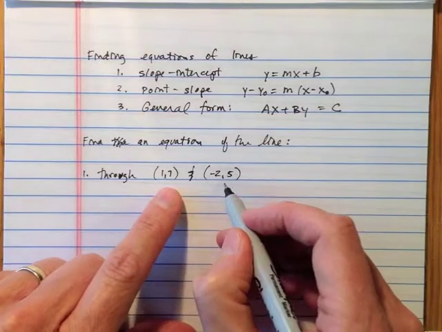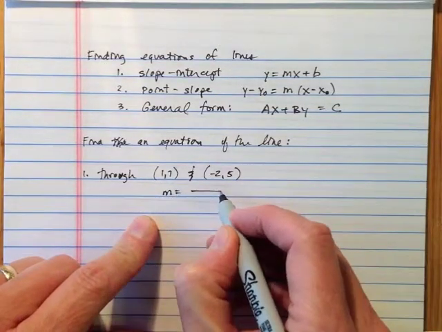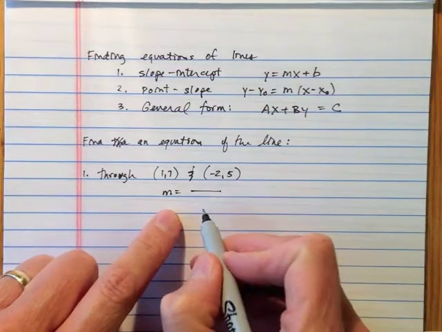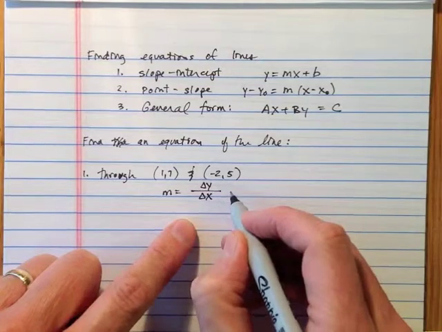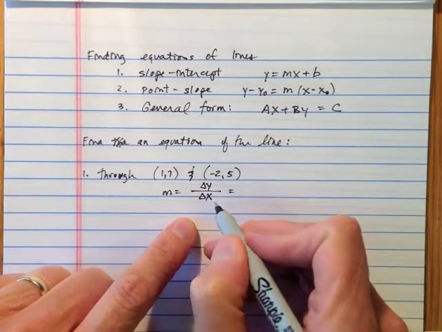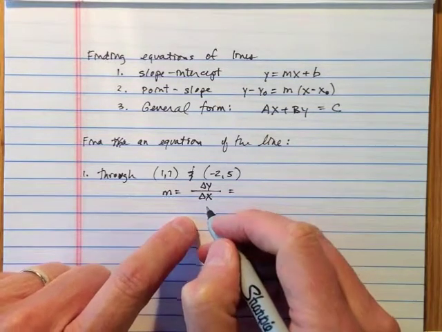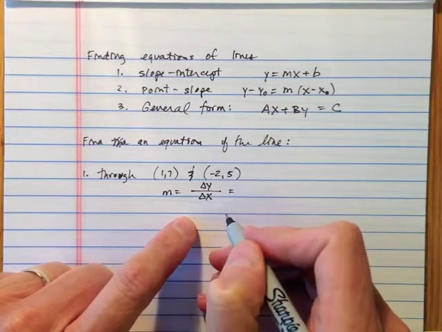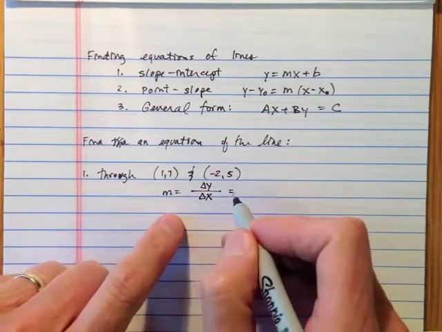Well, given 2 points, I could find the slope. So the slope is change in y over change in x. In the formula I showed you before, delta y was y2 minus y1, and delta x was x2 minus x1. But it really doesn't matter which one we call x1 and y1 and which we call x2 and y2.